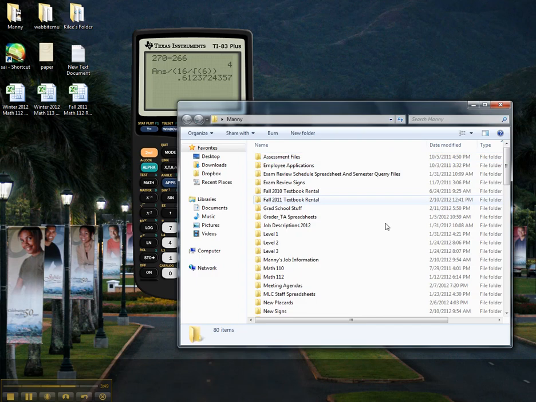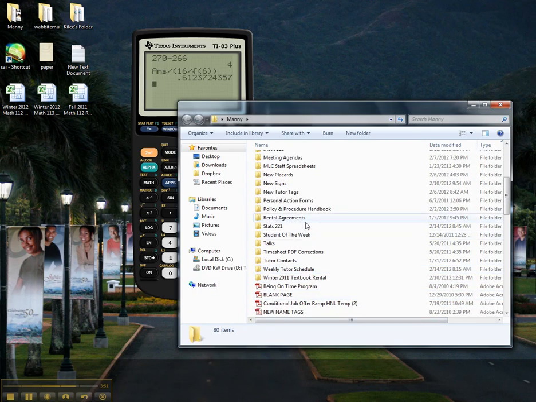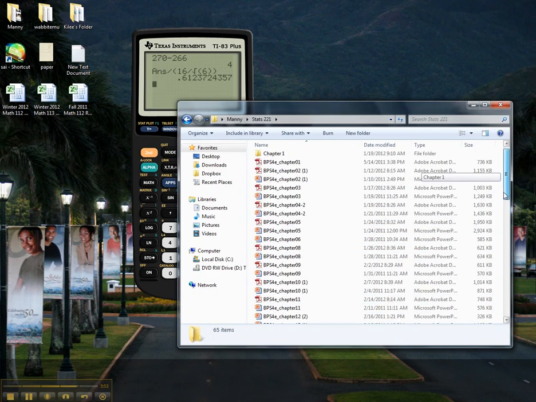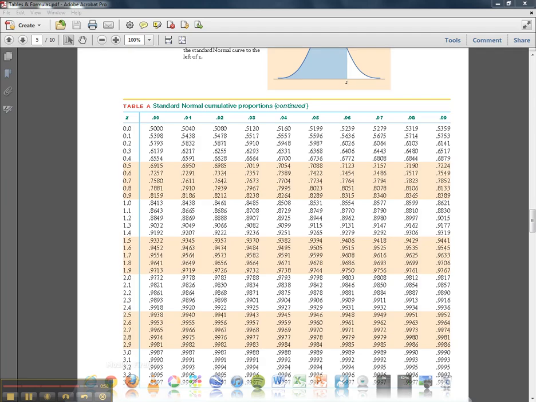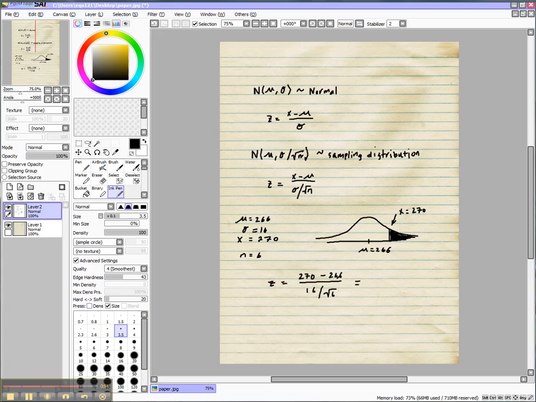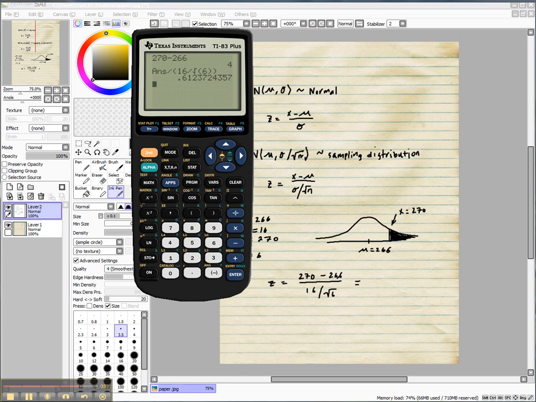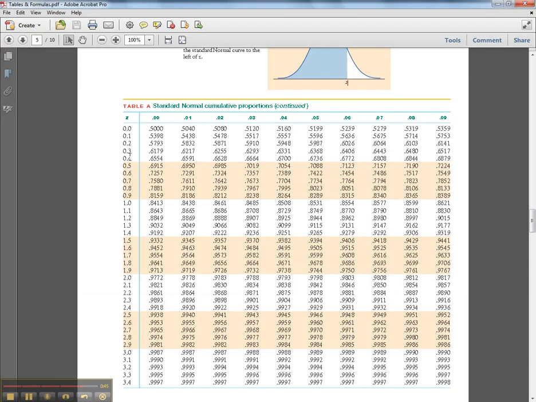So we can go to table A now and figure out what the corresponding percentage is for that particular z value. Going to table A, our calculator told us that it's 0.61, so 0.61 in table A is right here, 0.7291.